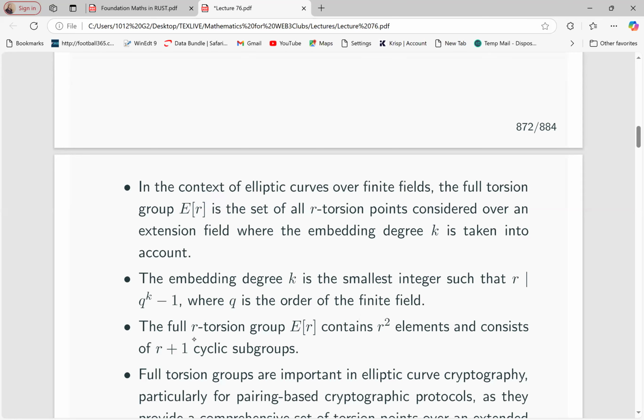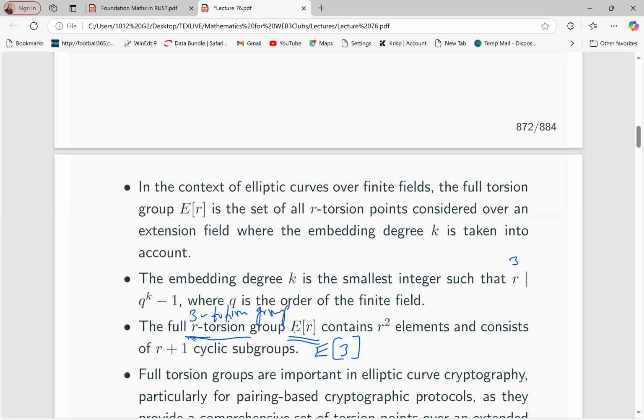Therefore, we come up with the r torsion group. In our case, r was 3 here, so we'll be talking about the 3 torsion group, which over the elliptic curve E we can abbreviate as E[r], or E[3] in this case.